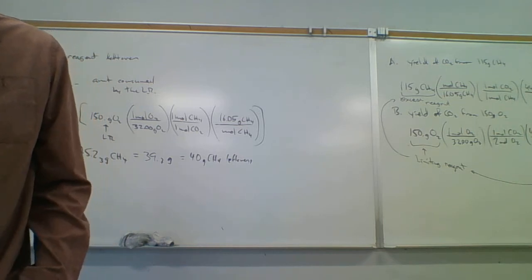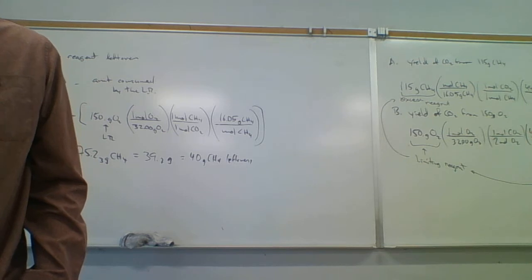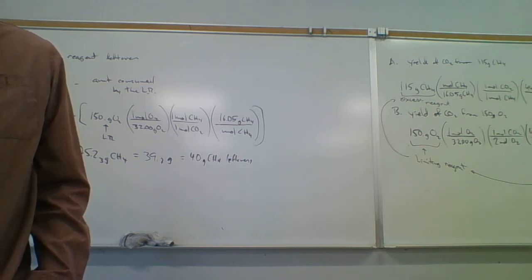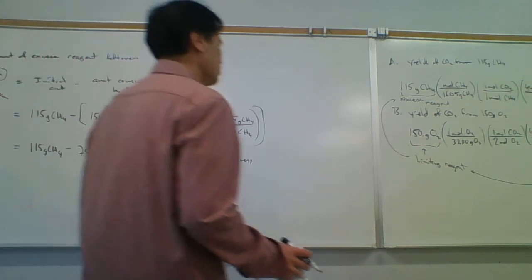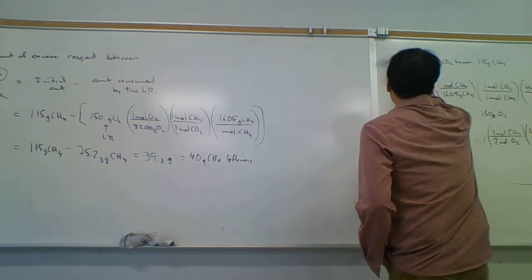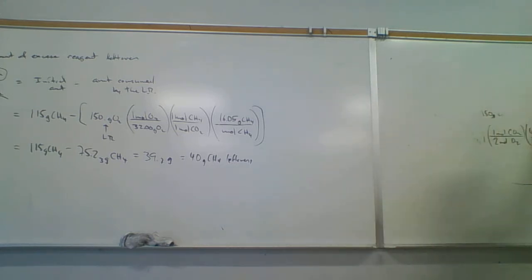In the previous problem, we were talking about 1 pound of methane. The theoretical yield there is 2.7 because we're going to assume we have plenty of oxygen, because the oxygen wasn't specified. We can make that assumption, and it makes sense because air has plenty of oxygen.